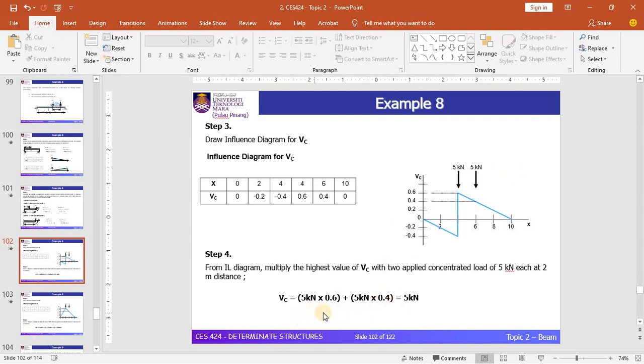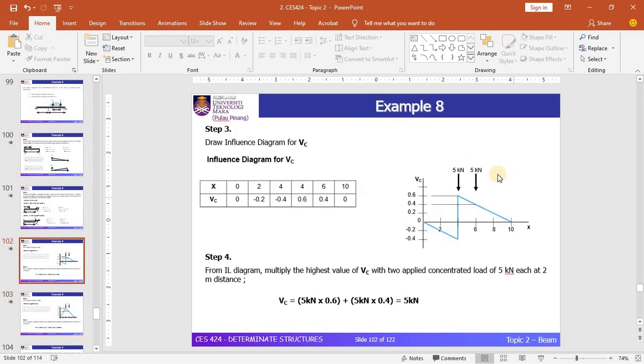By looking at this, you can see that the shear at C is equal to 5 kN. This is the position of the vehicle where the rear wheel is located 4 meters from support E. This position will give the maximum value of shear force at point C.